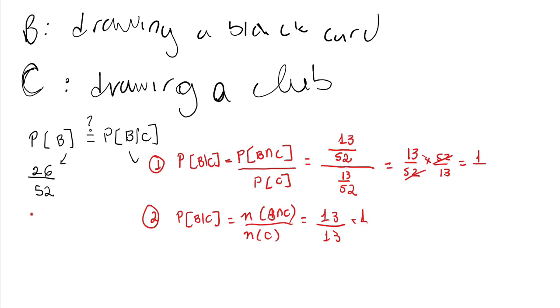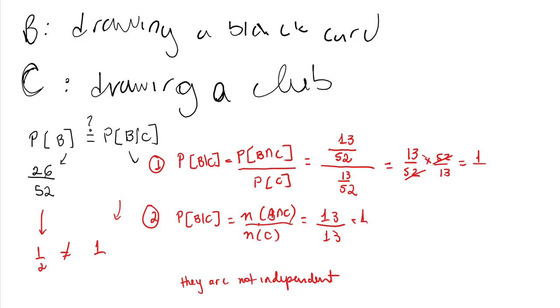But the thing is that when you compare both sides, this here is a half, right? This is, let me put it this way, this is a half. And actually this is different from the second hand side, which is equal to 1. So these events here, they are not independent.